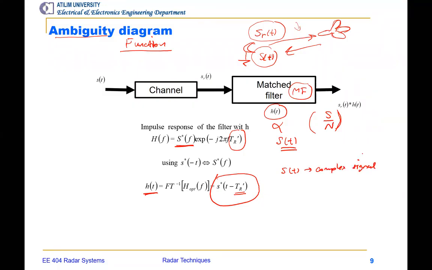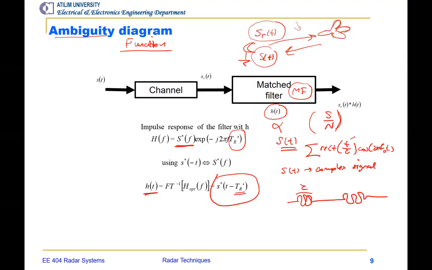In our previous analysis, we always took a rectangle like this, a cosine 2 pi f0 t, just a summation of this. So many cosines, with duration tau.